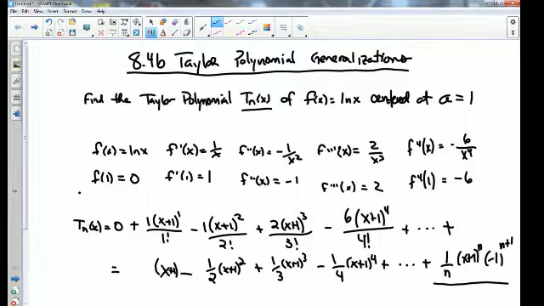Let's do the Maclaurin polynomial of cosine. Did we do that yesterday? I don't think so. Oh, it was e.